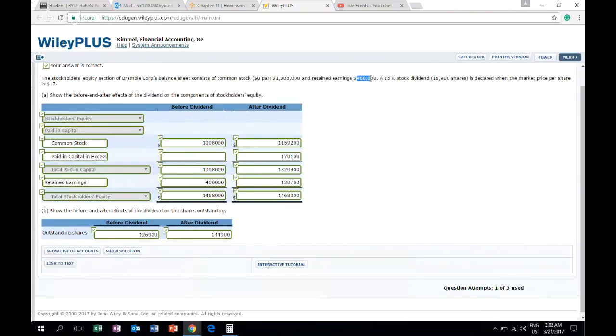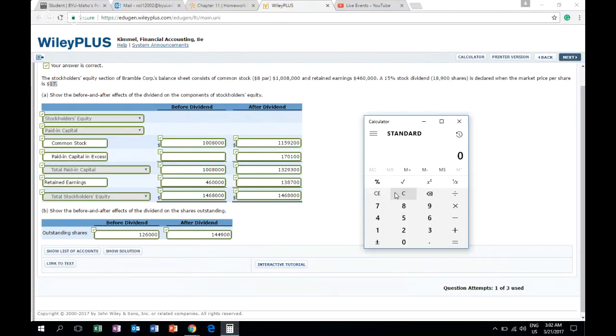Now, retained earnings, this number, as you can see, is given. They give you the before. And for the after, to get this number, you take the before retained earnings and you subtract 18,900 times, where is it, 17, which is the market price per share.